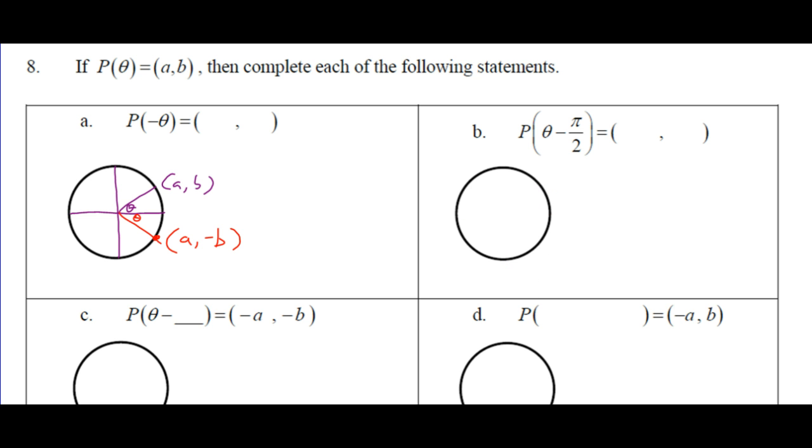Let's go with the small theta here. So that's theta. Now I want to subtract 90, so I need to make a right angle here.